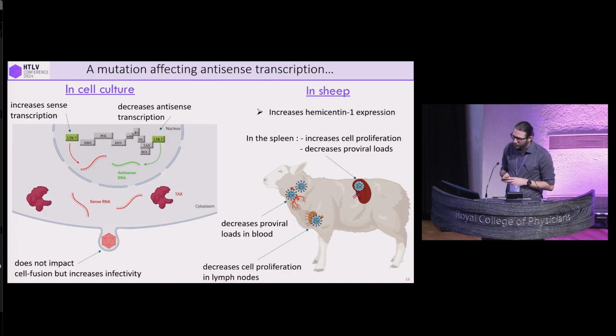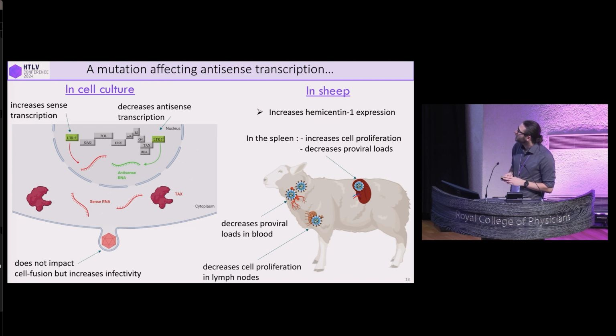So in conclusion, our results show that we have a mutation that selectively decreases antisense transcription in cell culture, that does not impact cell fusion, but slightly increases infectivity.